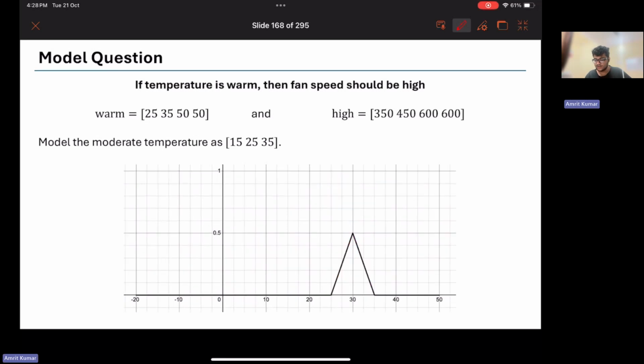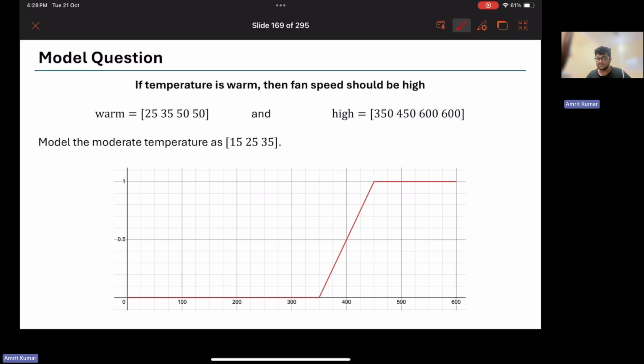So this is what you get. Or in other words, this is A dash intersection A. And what is the height of this A dash intersection A? It's clear that it is 0.5, right? In fact, this is the value at 30. So we know the similarity value is 0.5.